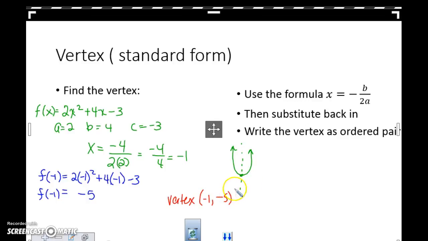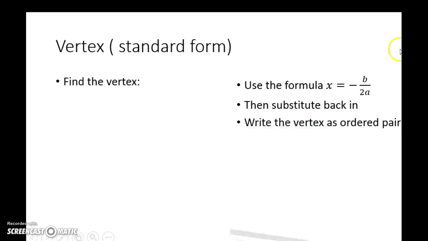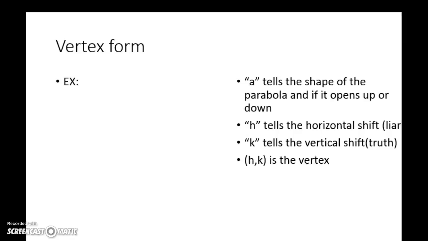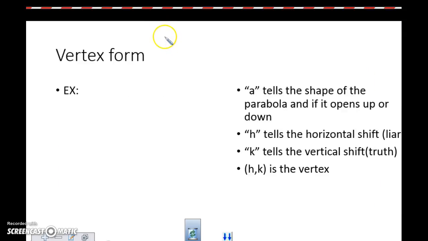Now we have another form that we're going to be looking at today, which is vertex form. Vertex form looks like, in general, a(x minus h) quantity squared plus k. The reason why it's a parabola is because of this square term. And a is going to tell us the same thing it's always told us.